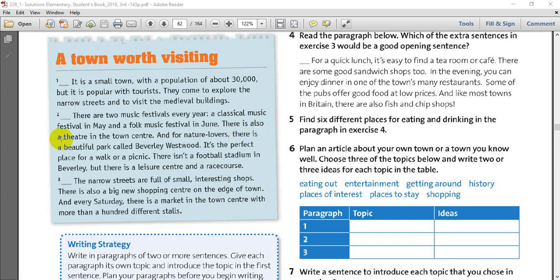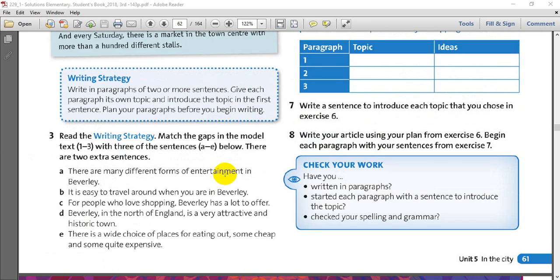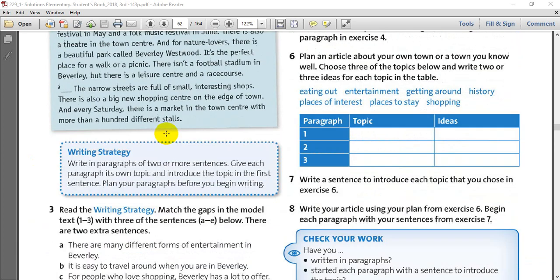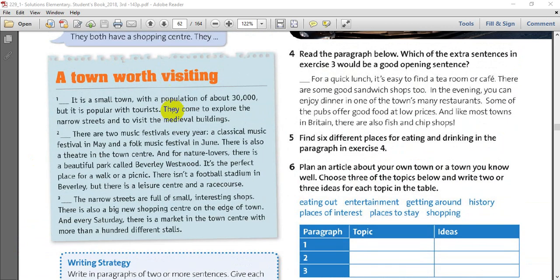There is also a theater in the town center, and for nature lovers there is a beautiful park called Beverly Westwood. It's the perfect place for a walk or a picnic. There isn't a football stadium in Beverly, but there is a leisure center and a race course. So we are talking about entertainment in this town.